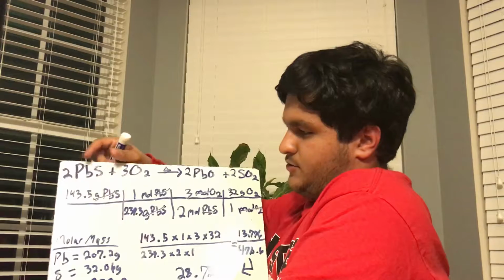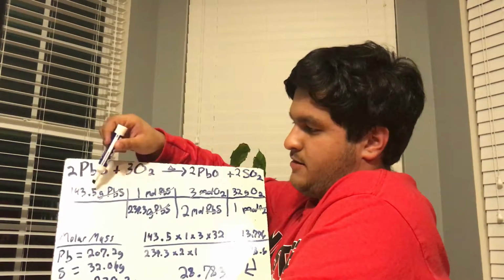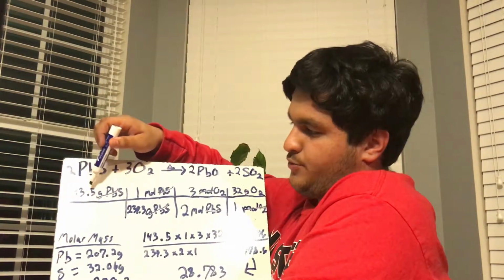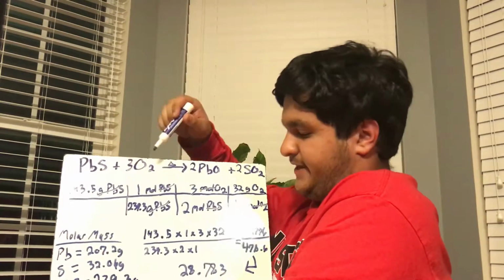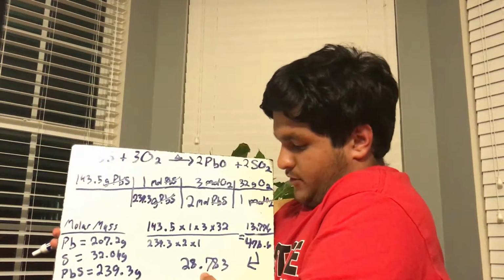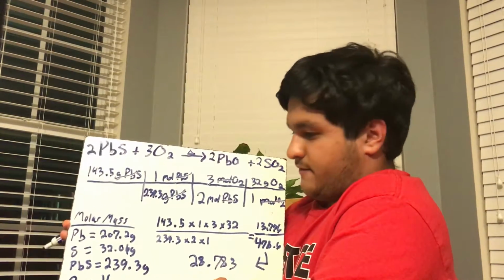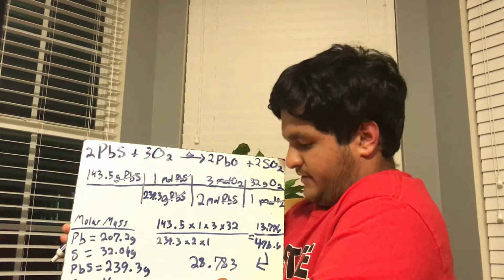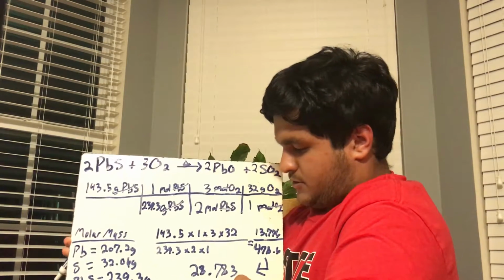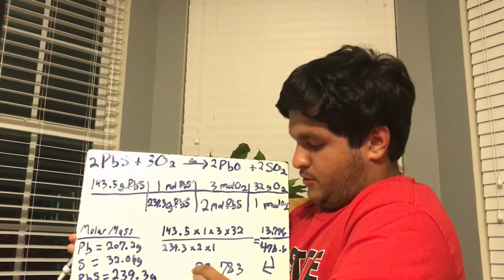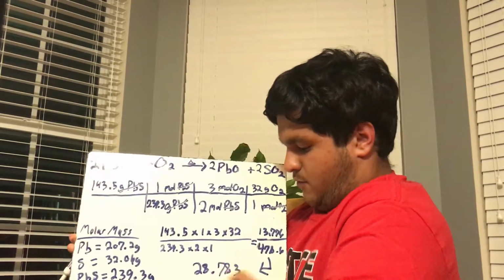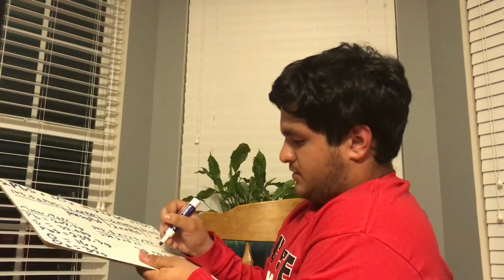We go back to our given and see that we have 1, 2, 3, 4 sig figs. So we want our answer to have 4 sig figs as well. We have 5 numbers, so we want to go to the 4th number, 1, 2, 3, 4, and round to that number.